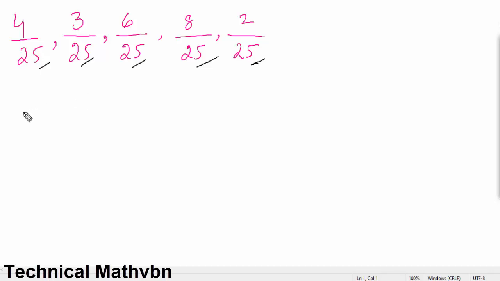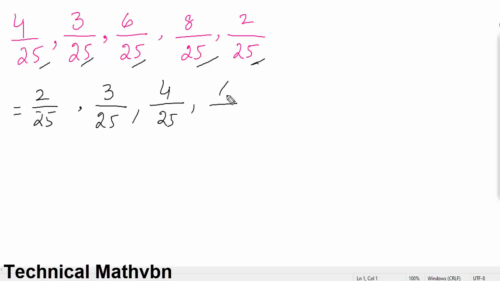So when the denominator is the same in all fractions, you just have to arrange the values. First 2 over 25, the second is 3 over 25, the third is 4 over 25, next is 6 over 25, and the next is 8 over 25. This is the fractions written in ascending order.